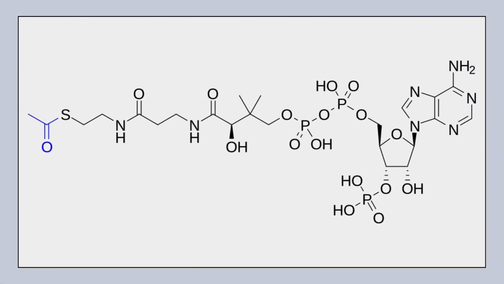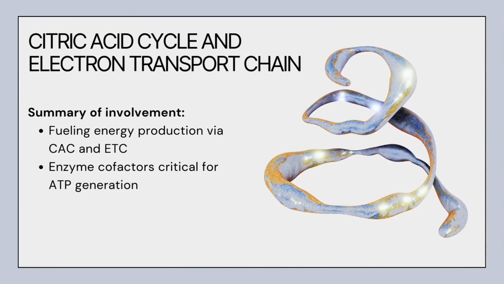The citric acid cycle, or CAC, and electron transport chain, or ETC, work together to fuel ATP production in cells. The CAC, which occurs in the mitochondrial matrix, oxidizes acetyl-CoA to produce NADH, FADH2, and ATP or GTP while releasing carbon dioxide.